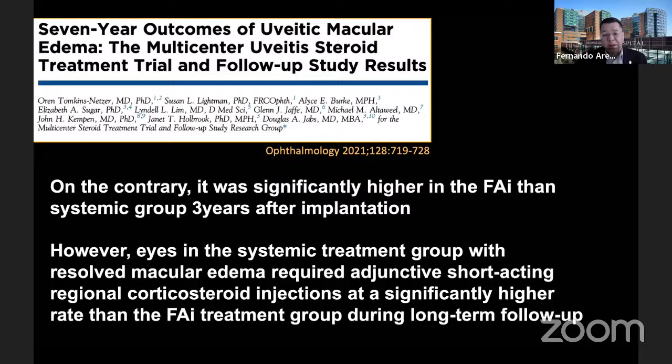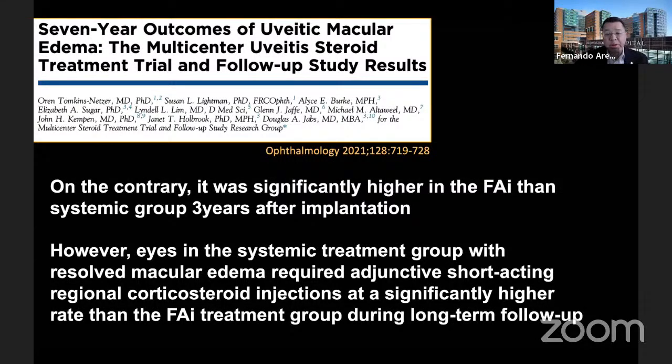I think that if we can plan for reimplantation of a new implant every 3 years, or at least between 3 and 5 years, local therapy with Retisert is a good option in specific cases, of course.